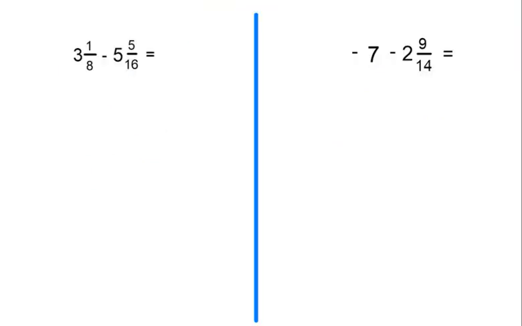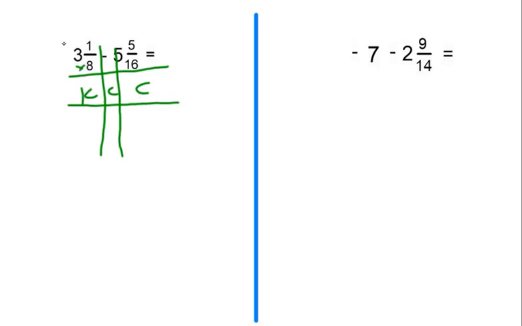All right, 2 more. So here we have 3 and 1/8 minus 5 and 5/16. So I'm going to do a tic-tac-toe. And again, you don't have to do a tic-tac-toe if you just like to write KCC, but I like to keep it organized. So again, as I bring them down, I'm going to change them into an improper fraction just to save some time.